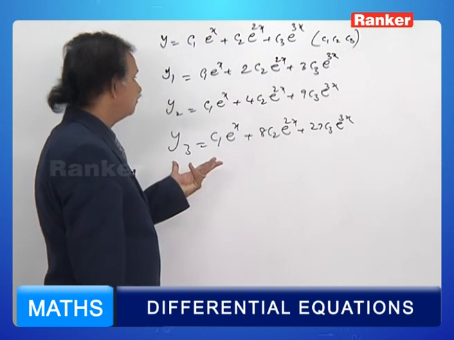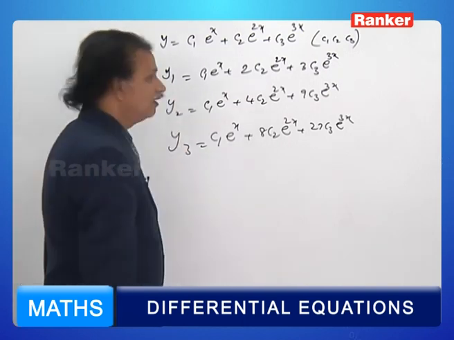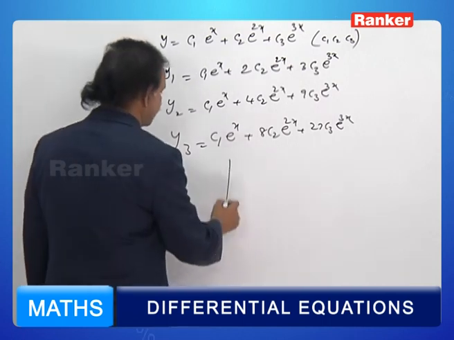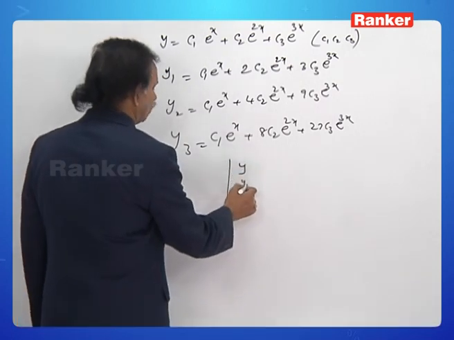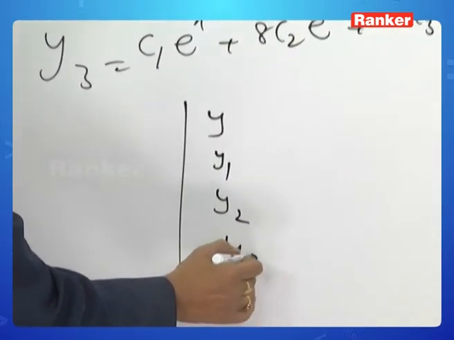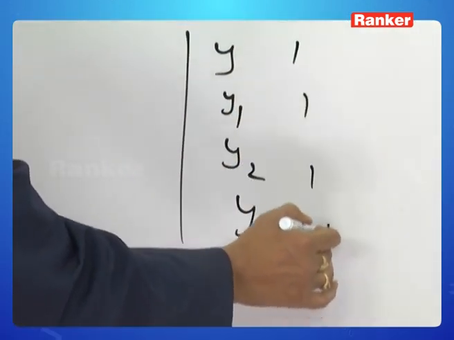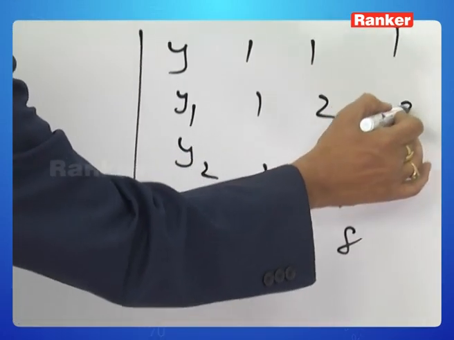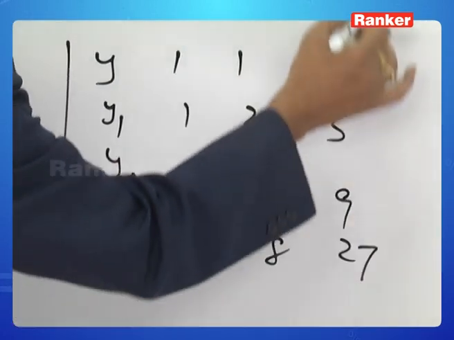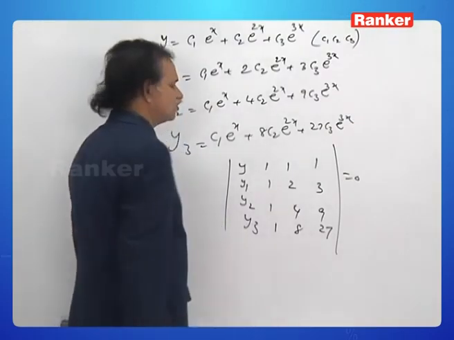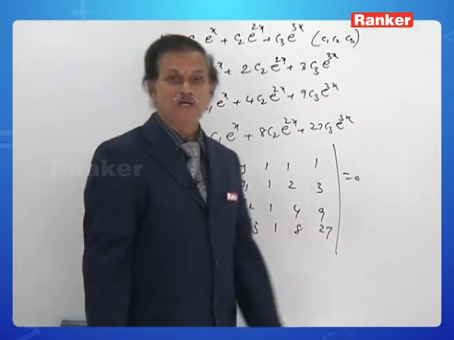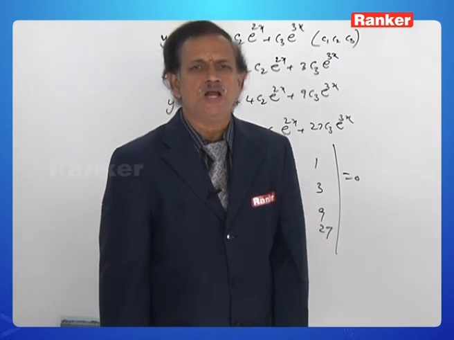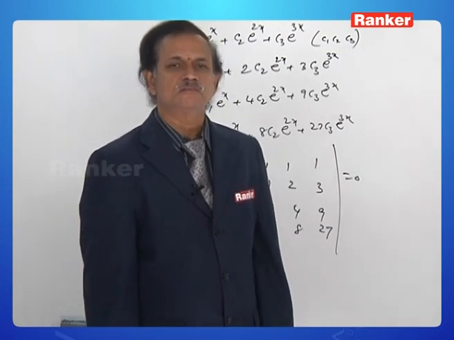Wow! 4 equations are there, you know. By eliminating c1, c2 and c3, what is the resultant equation? The determinant with rows y, y1, y2, y3; 1, 1, 1, 1; 1, 2, 4, 8; 1, 3, 9, 27. It is not an easy matter to evaluate the determinant of this 4 by 4 matrix. It's not impossible, but not so easy, isn't it?